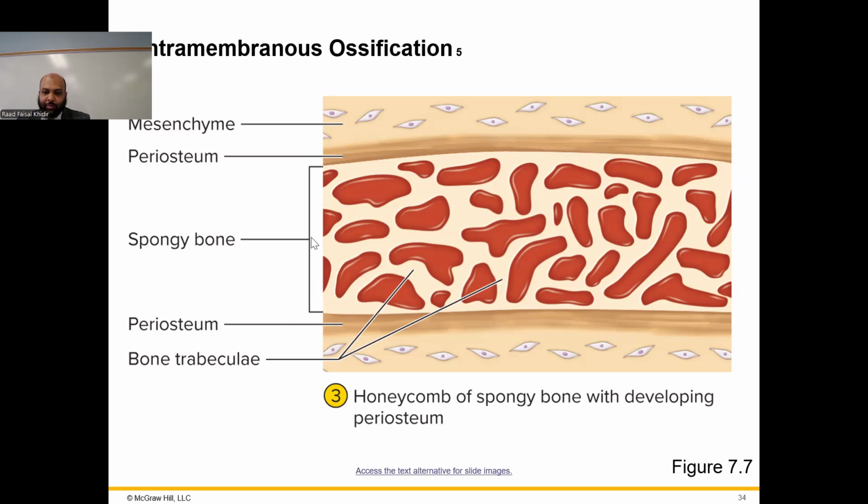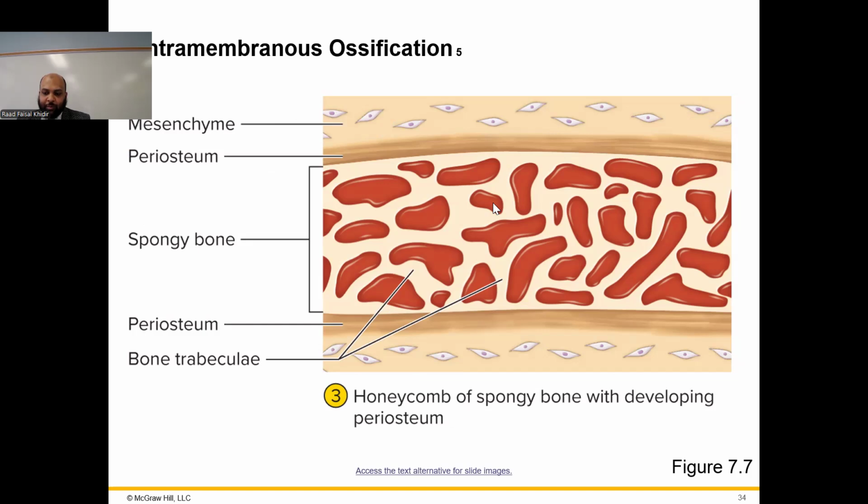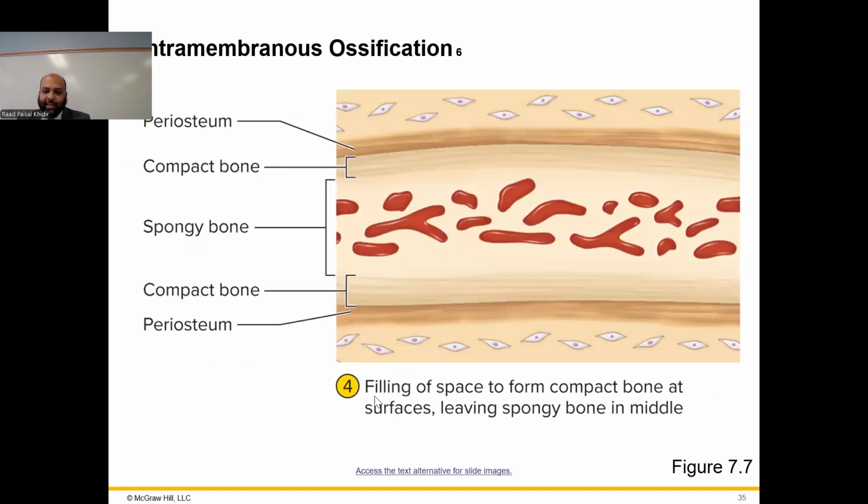In the middle, you have the spongy bone. Here, you had no spongy bone. Then you had the honeycomb of spongy bone with developing periosteum. And lastly, you have filling of space to form compact bone at the surfaces. That's why we said compact bone is always at the surface, because it's the strongest. It's not in the middle. Spongy bone is in the middle, soft, but the harder bone is all the way on the outside.